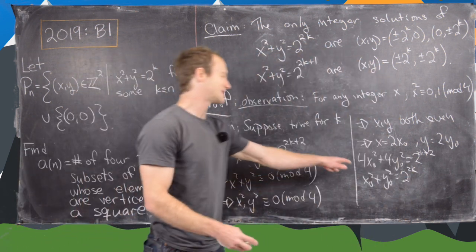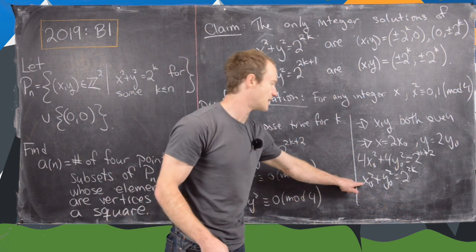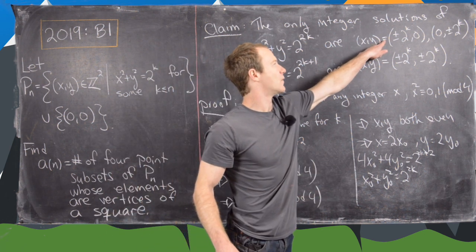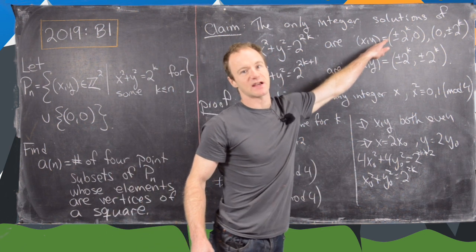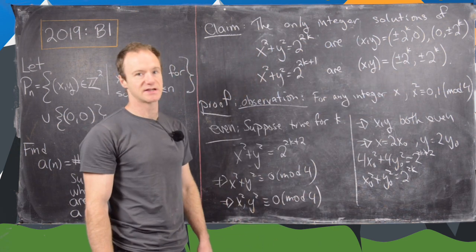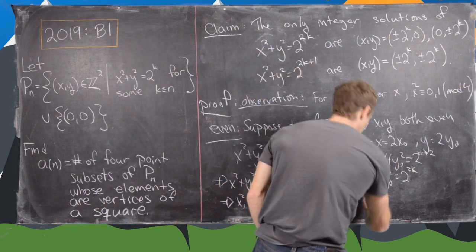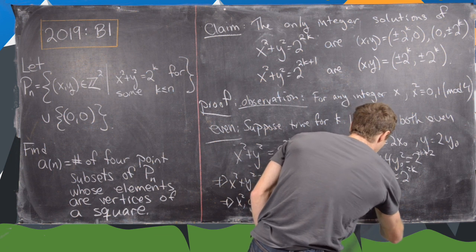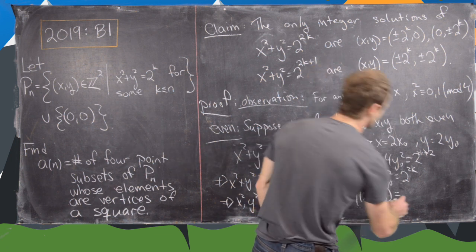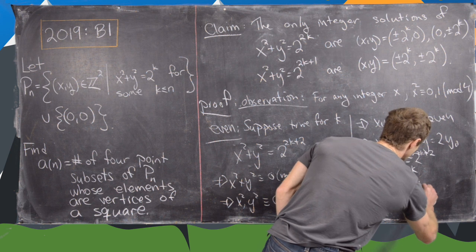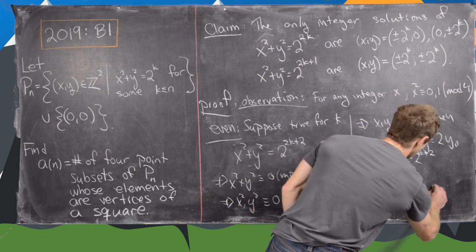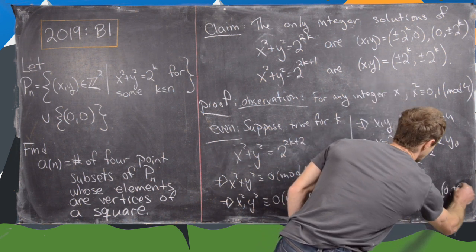Good, but what that tells us is that x naught and y naught must be of the form given up here by our induction hypothesis. So let's write that down. (x naught, y naught) is equal to (plus or minus 2 to the k, 0) or (0, plus or minus 2 to the k).